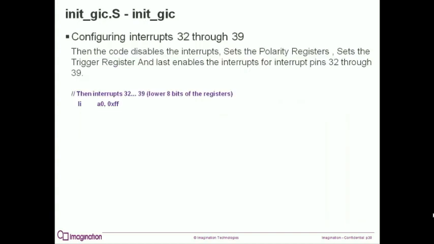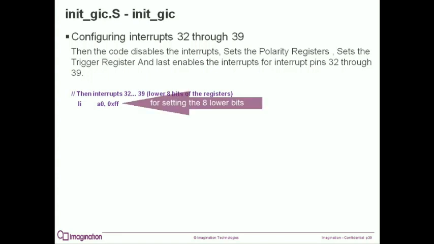This section of code configures interrupts 32 through 39 in the same way it configured interrupts 24 through 31. The configuration registers that control this range of interrupts are the second register of each set, so you can see the code is offsetting each register by an additional 4 bytes.